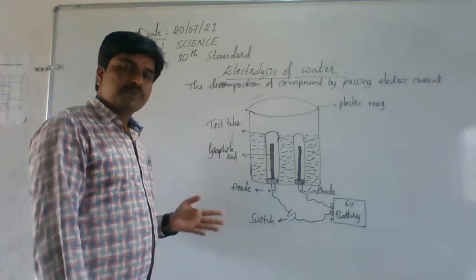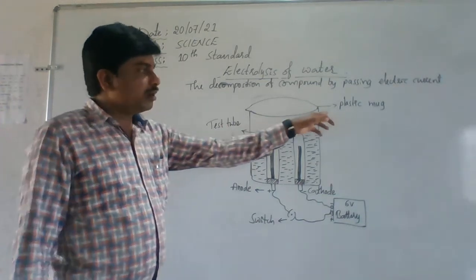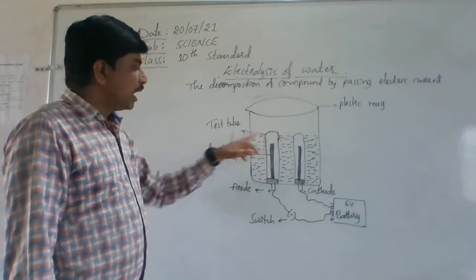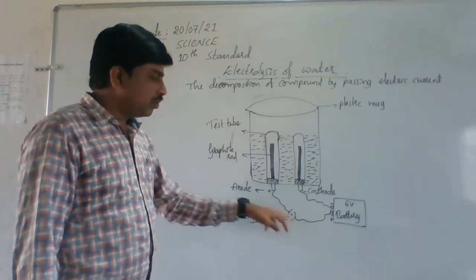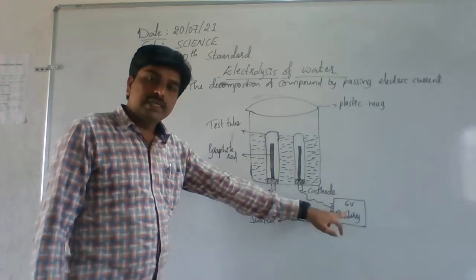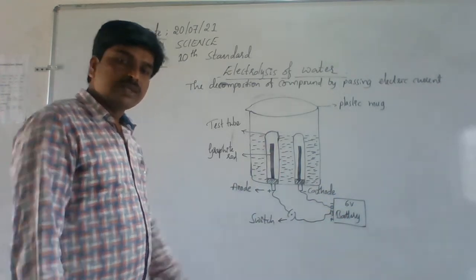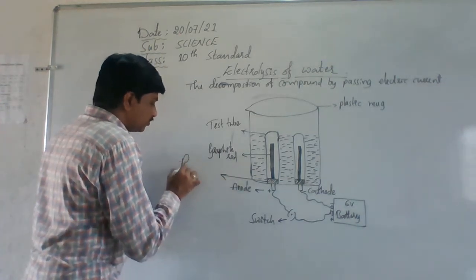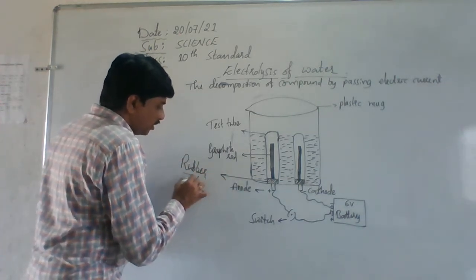So to make this experiment, first what do you need? A plastic mug, 2 graphite electrodes, 2 test tubes, 2 conductors and finally a 6-volt battery. These are called rubber stoppers.